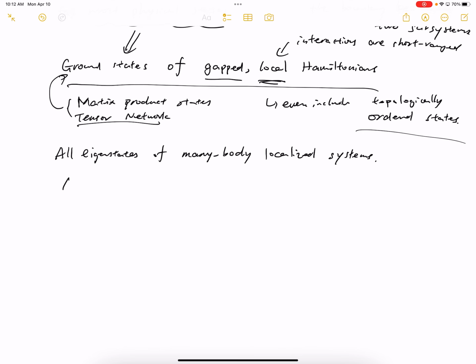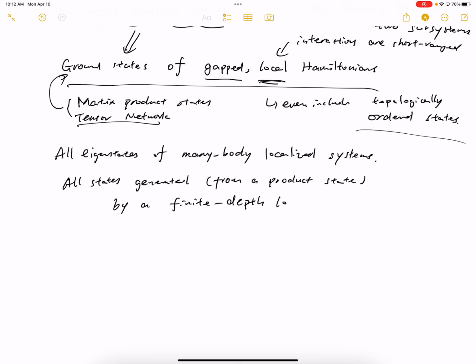It's all states generated, assuming we start from a product state, by a finite depth local quantum circuit, and this is actually equivalent to a finite time evolution of a local Hamiltonian.